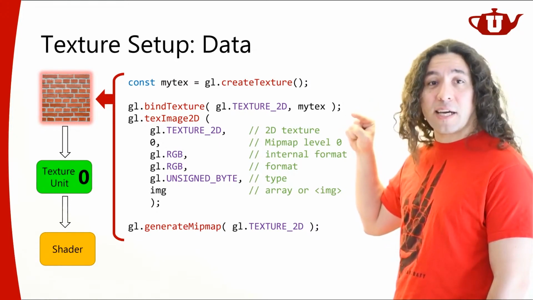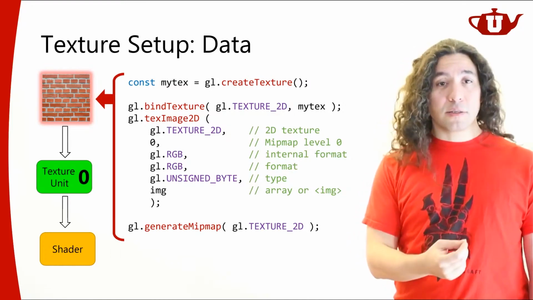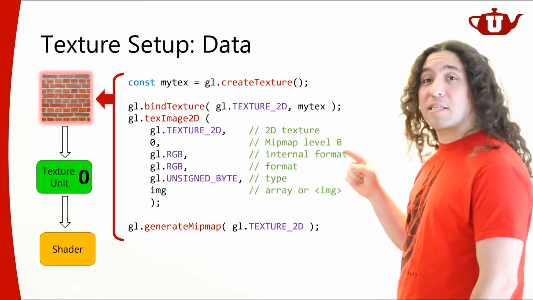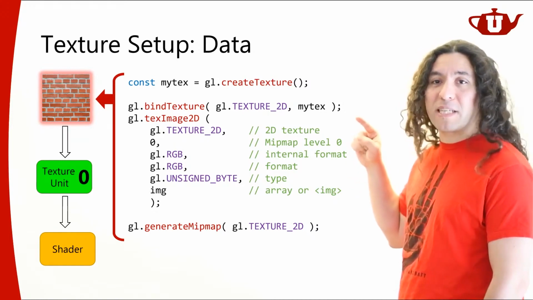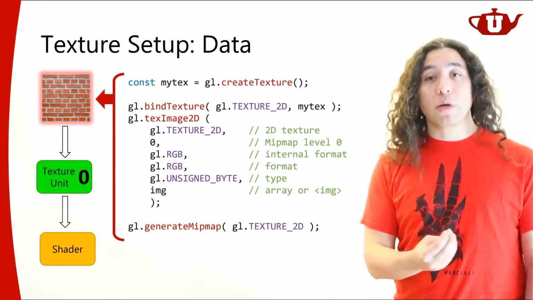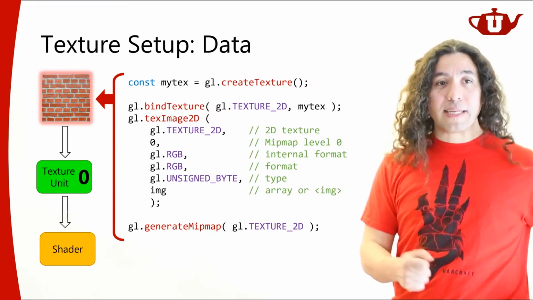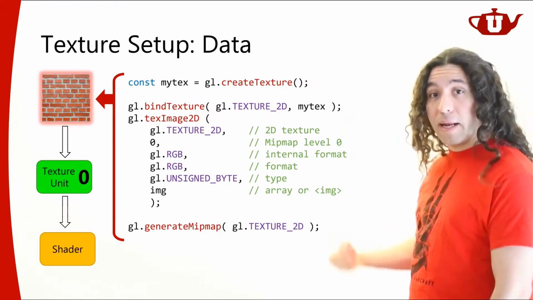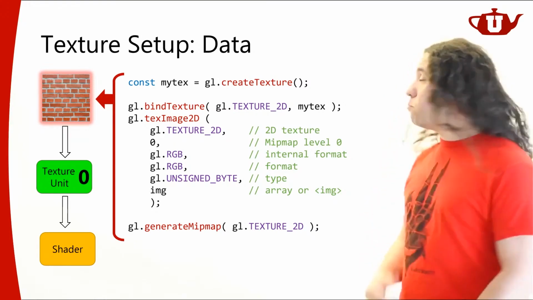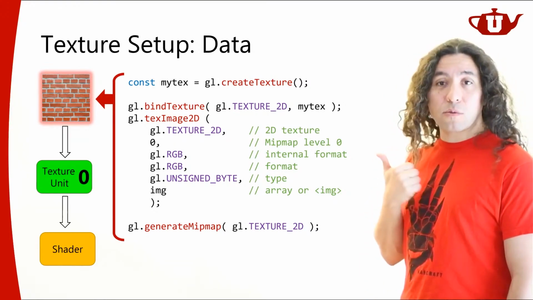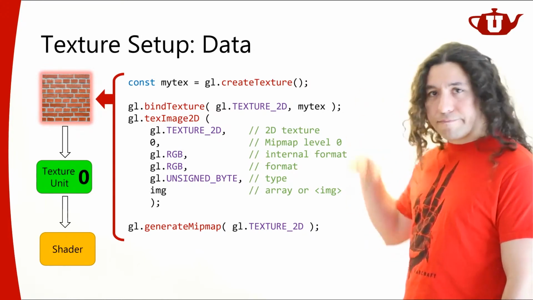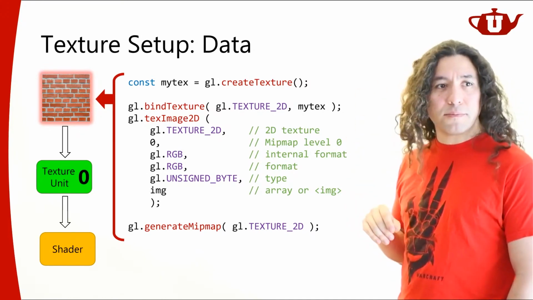If you want to edit another texture, you need to bind another texture. This is how it works. By doing so, I don't have to specify with each one of my calls which texture I'm talking about. I set the context by calling bind texture, and then I do this. We're going to use bind texture for other things as well. We'll get to them in a little bit, but this is how it works.